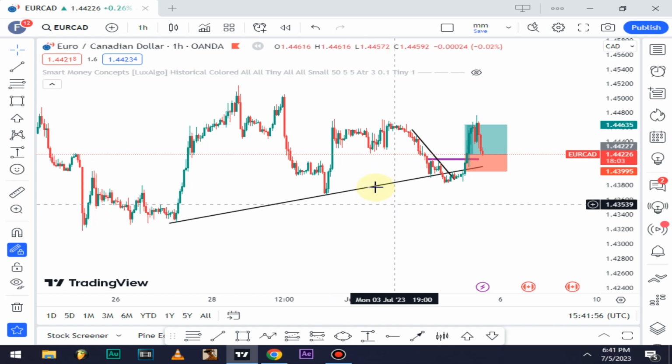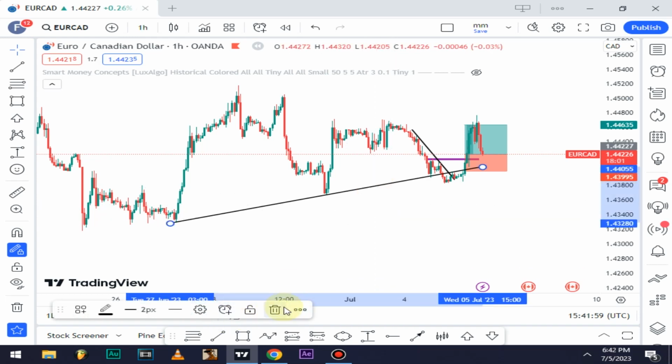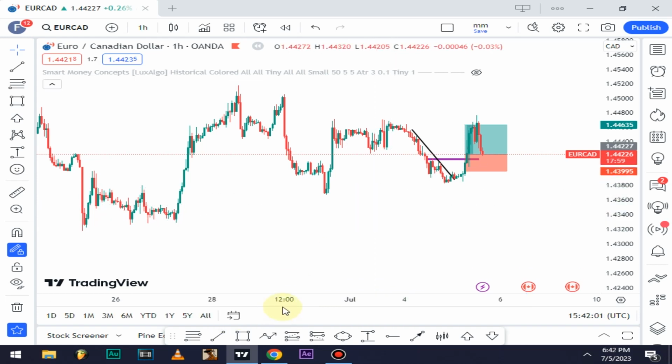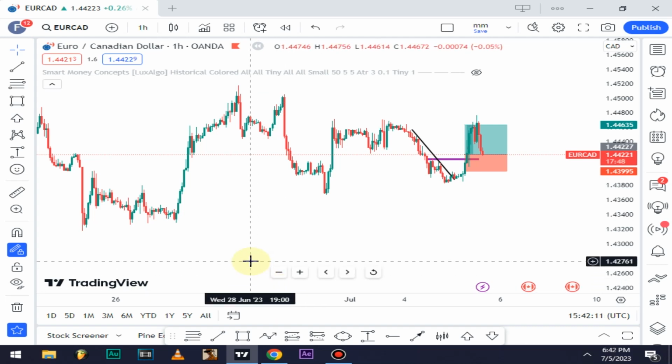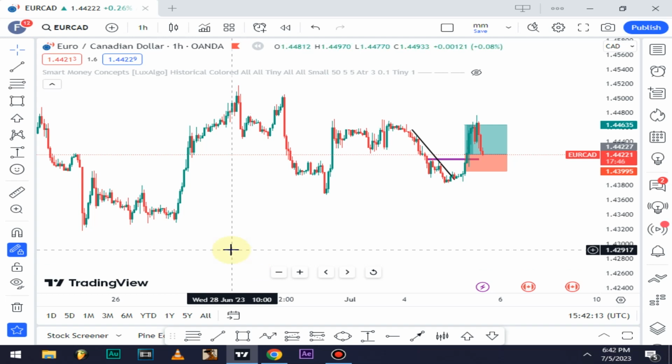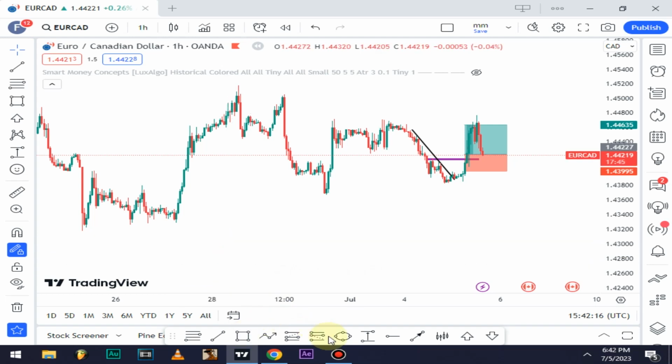So what I usually do is look for the immediate low or the immediate high, probably the last two highs or the last two lows. Those are the first things you need to identify.